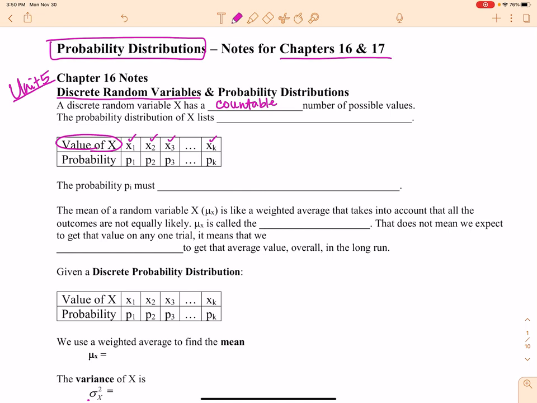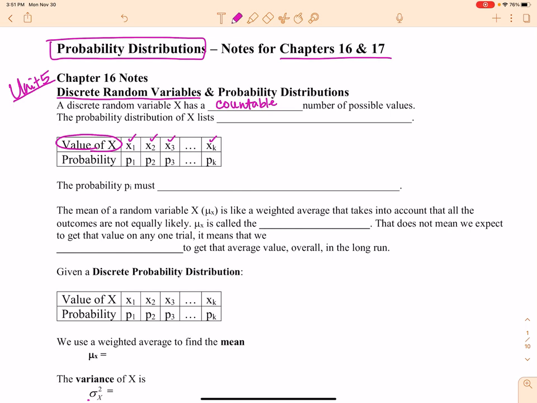It can be 1, 5, 6, whatever your outcomes are for the situation. The thing you need to remember about discrete is that it's not a continuous distribution. A continuous distribution would take into account all of the little decimals in between 1 and 2, and 2 and 3, and 3 and 4. We don't do that in discrete random variables. These are all going to be countable values.